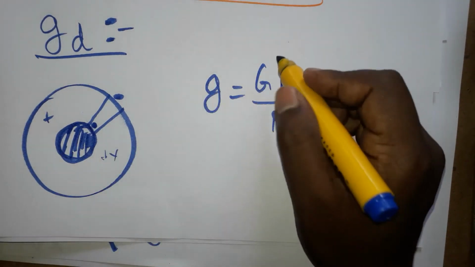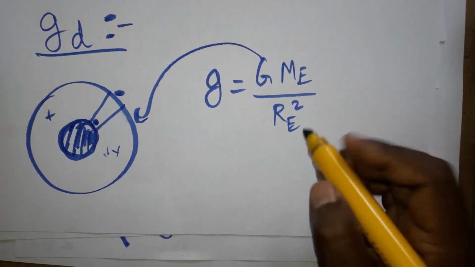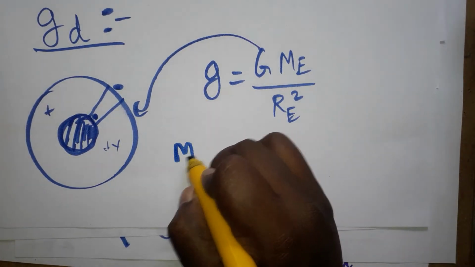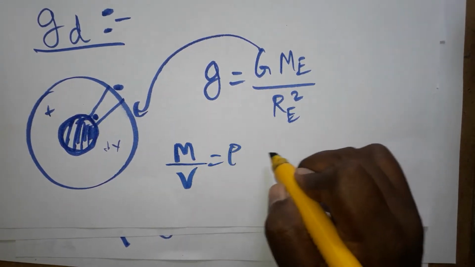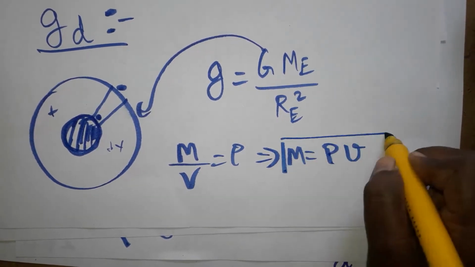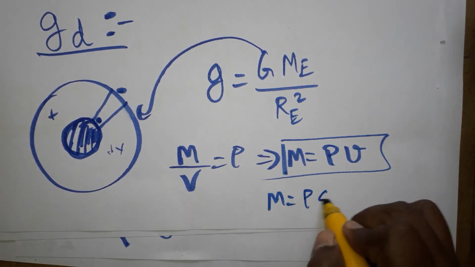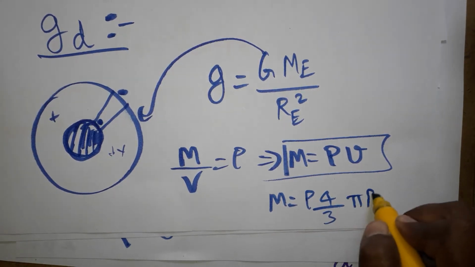Here in this equation I am going to relate with the volume, then only can we proceed. Volume and density: mass by volume is equal to density, so mass is equal to density times volume. It is a sphere, so volume is 4 by 3 pi r cube.